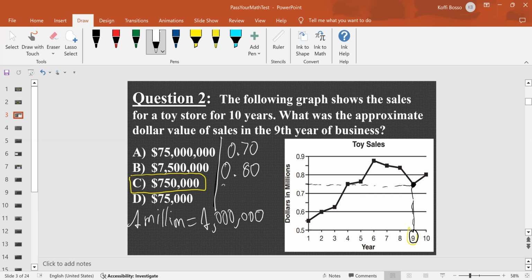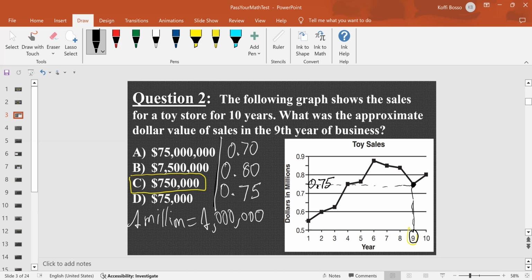This is supposed to be 0.75. So after 0.70, you're going to get 0.75 before you get 0.80.